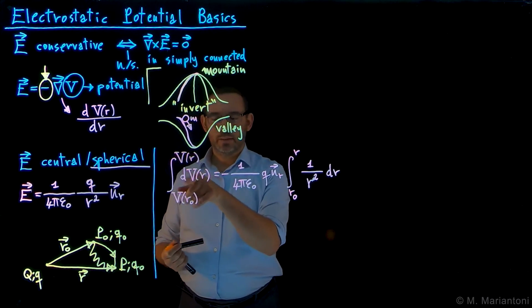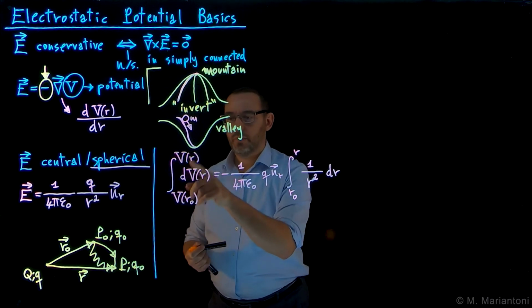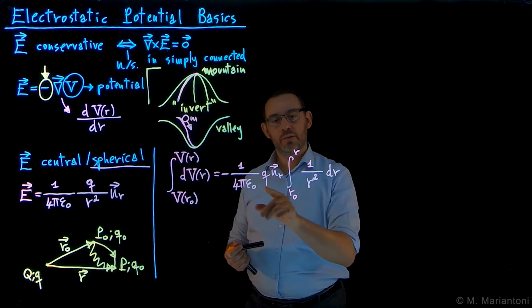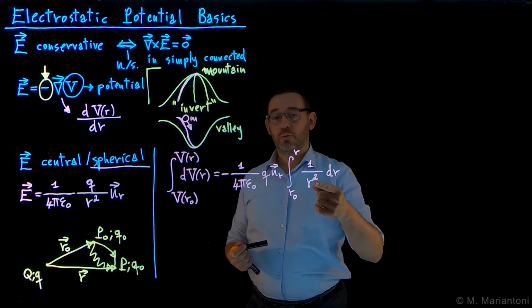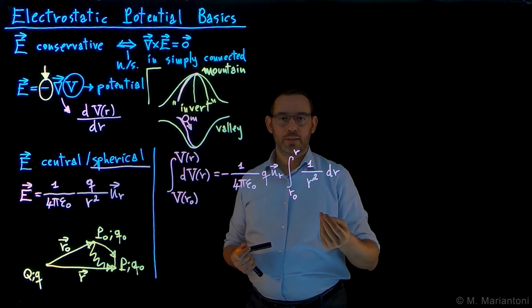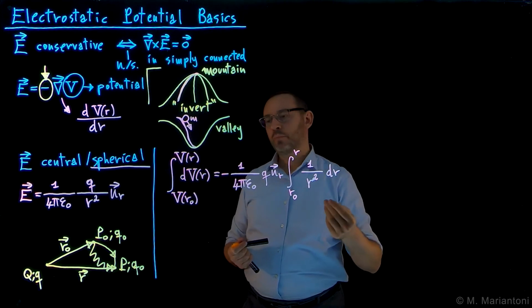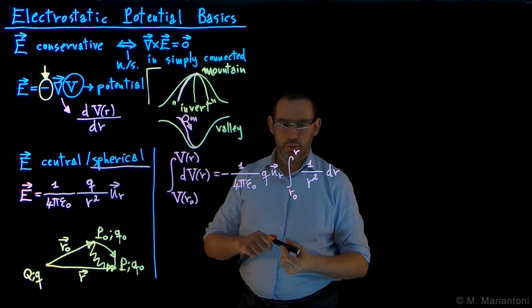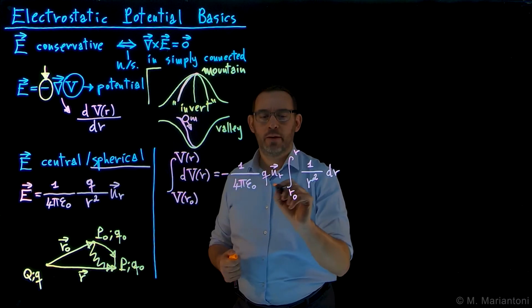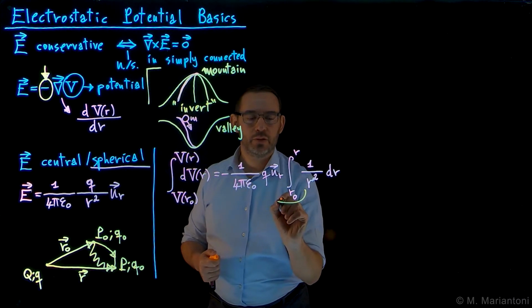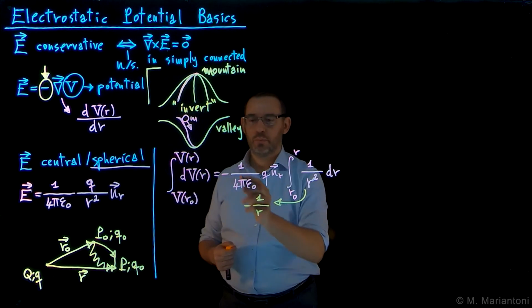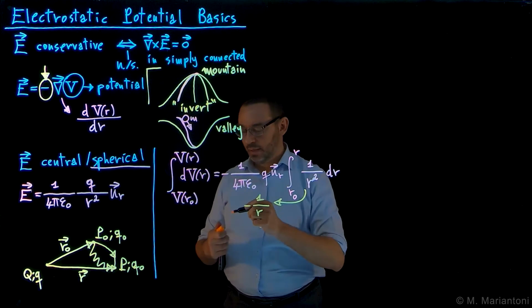It will give us as a result, since this is the total differential, V of r minus V of r naught equal minus all these constants. The integral of 1 over r squared, we know is nothing but minus 1 over r. With the minus sign, these two minus signs will cancel out.